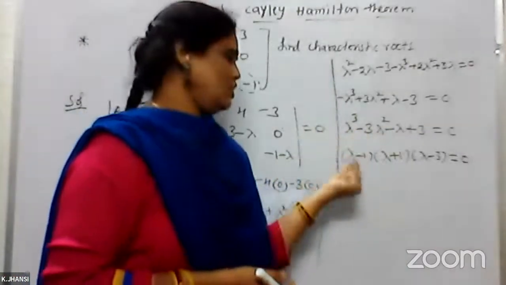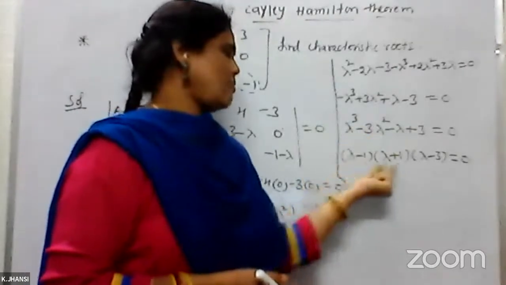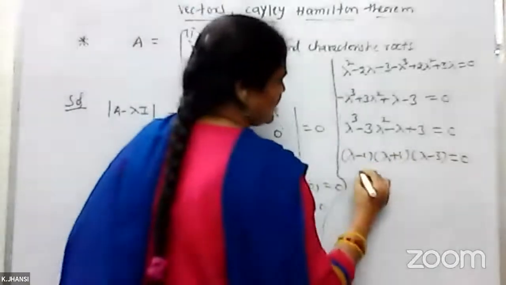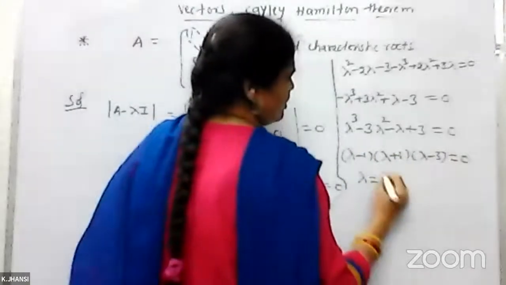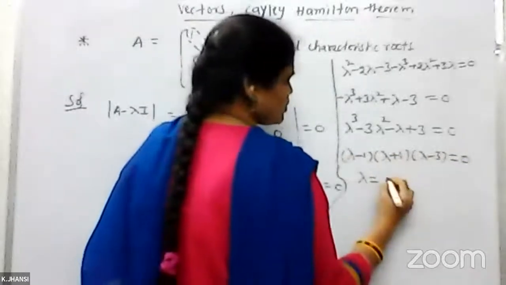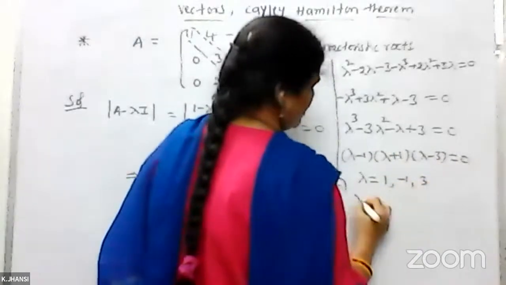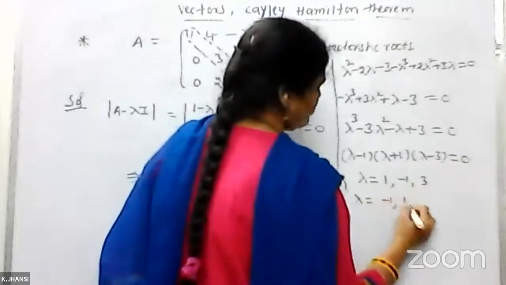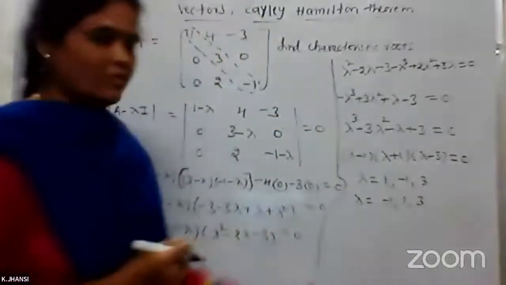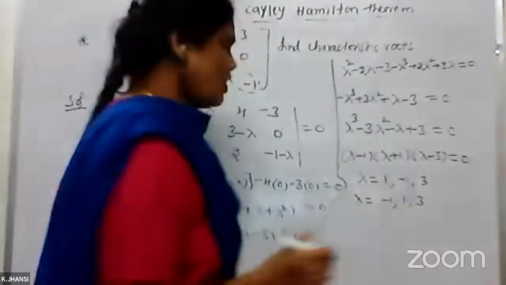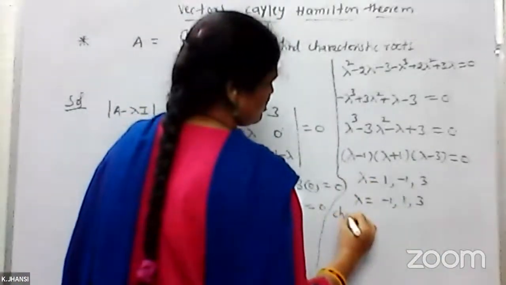So you get lambda minus 1, lambda plus 1, lambda minus 3 equals 0. So the lambda values are: lambda minus 1 equals 0 means 1, and this is minus 1 and this is 3. Or else you can write the negative value first. Whatever lambda values we got, minus 1, 1, 3, these are called the characteristic roots.